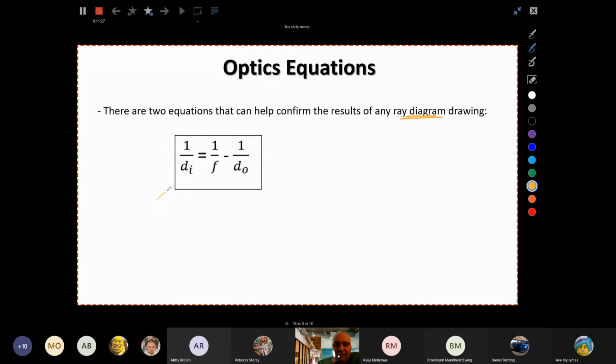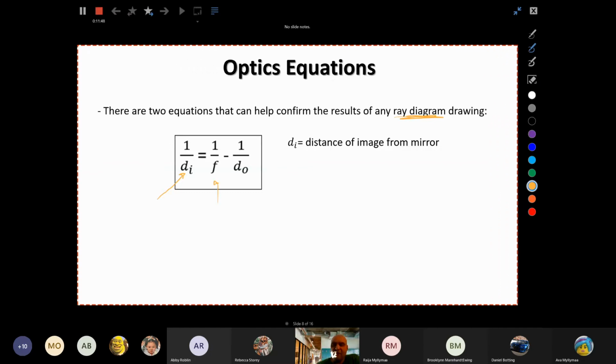So for us to calculate, and this is what we always calculate, we want to calculate the distance of an image, di. Why? Because we're never given that. That's the whole point of these questions: to draw something and figure out how far away the image is from something. So di is the distance of our image from the mirror.